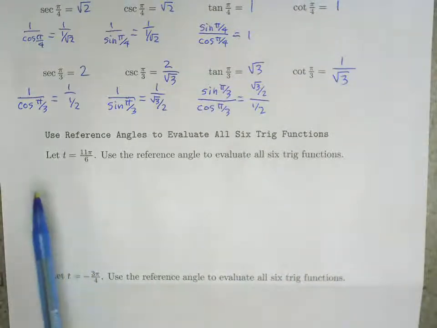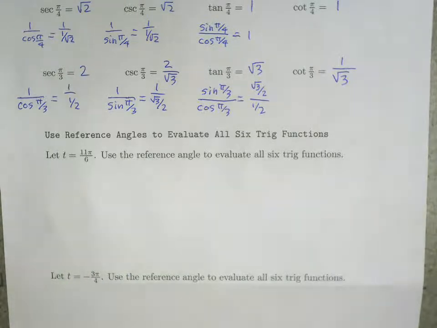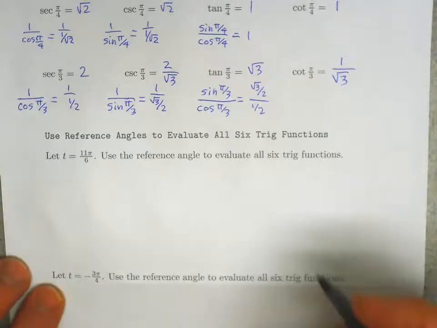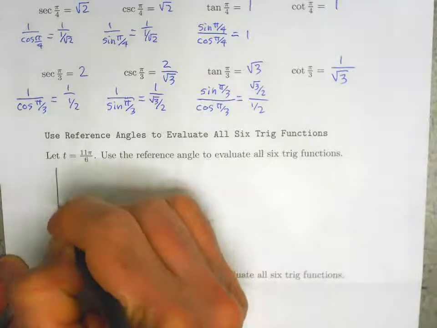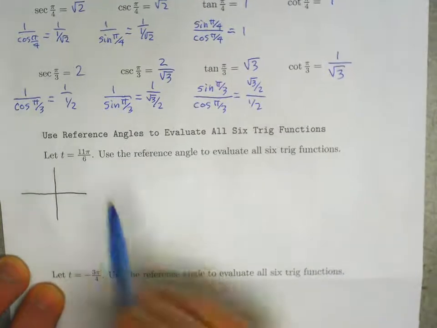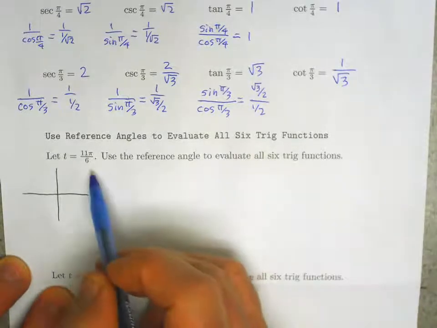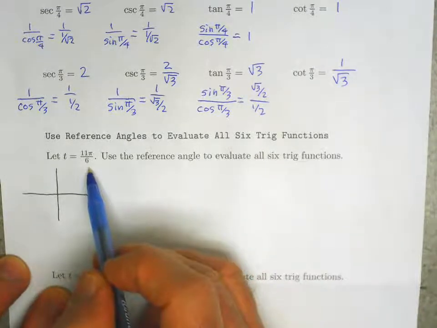Okay, let t be equal to 11 pi over 6. Use the reference angle to evaluate all 6 trig functions. So let's graph this. 11 pi over 6, well, that's counterclockwise, and it's not quite one complete revolution.